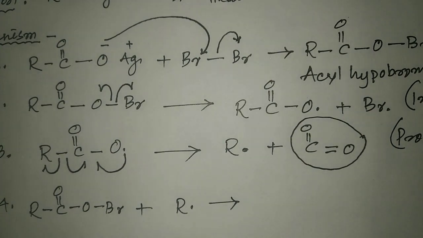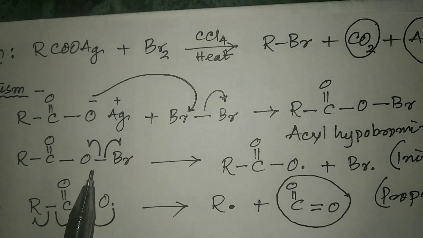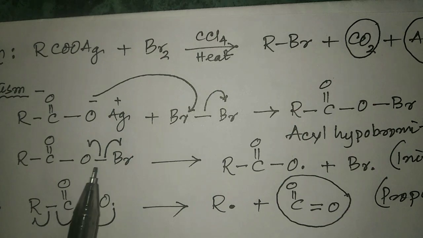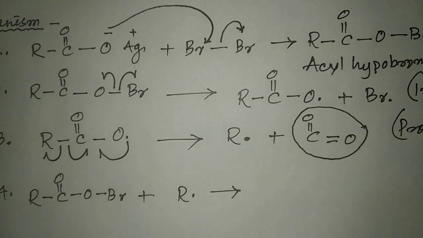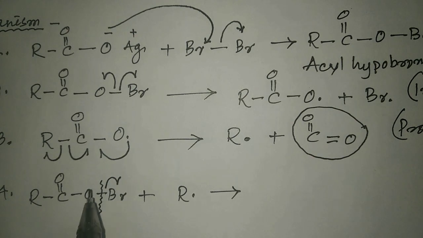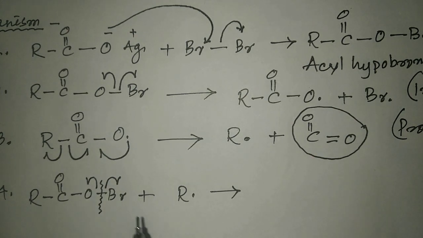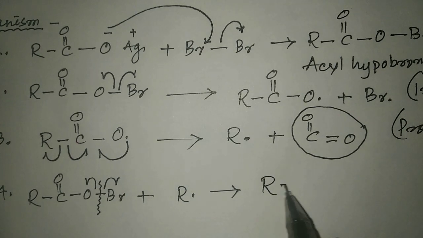The same step as the second step, where acyl hypobromite underwent homolysis at the oxygen-bromine bond, is repeated here. The presence of this R free radical helps in the homolysis of this bond, such that one electron lies with bromine and another with oxygen. This R free radical and this bromine radical give rise to RBr.